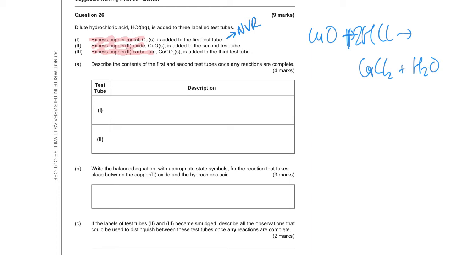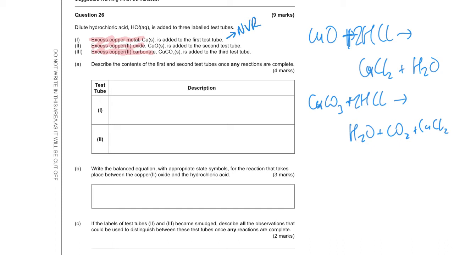All right, and then the copper carbonate with the acid, again, is an acid reaction. It makes H2O plus CO2 plus CuCl2, and again, you've got to balance that out, and everything's balanced. Okay, so those are the reactions. Let's go have a look at the questions now.